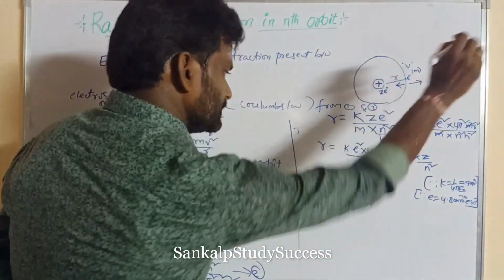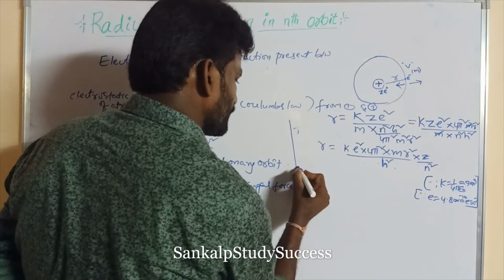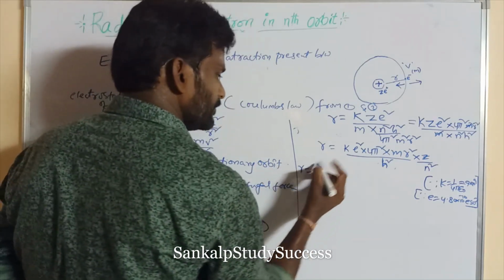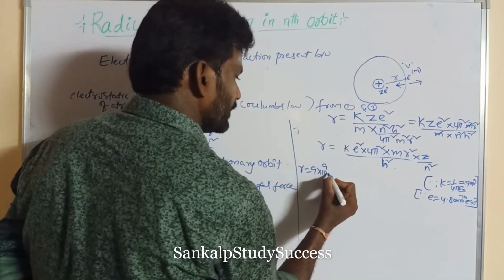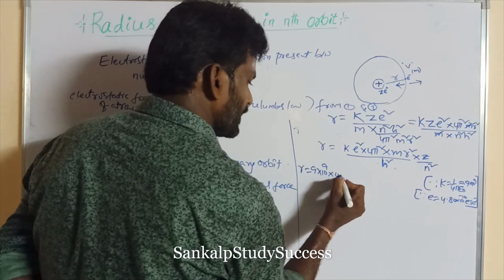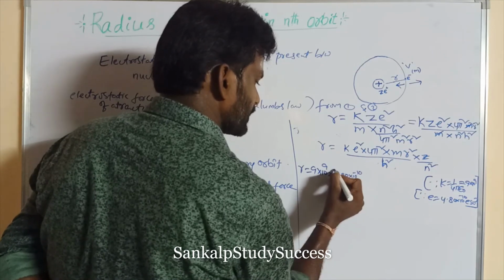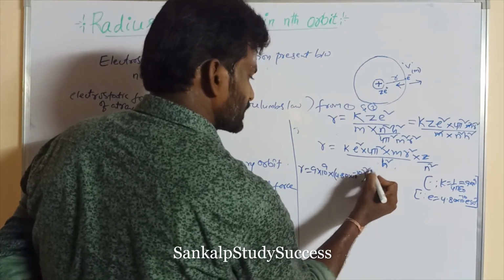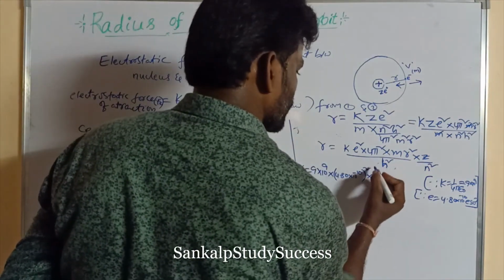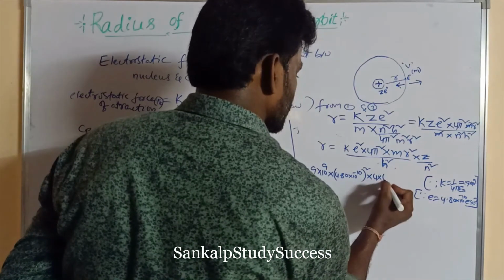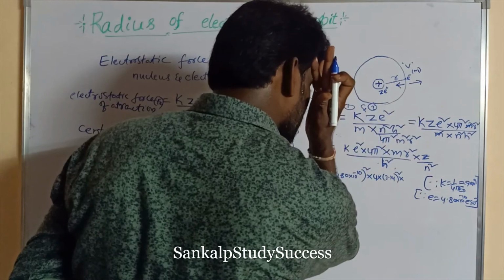R is equal to k value 9 into 10 to the power of 9 into e square, 4.80 into 10 to the power of minus 10 whole square, is equal to 4 into 3.14 square into mass of electron.